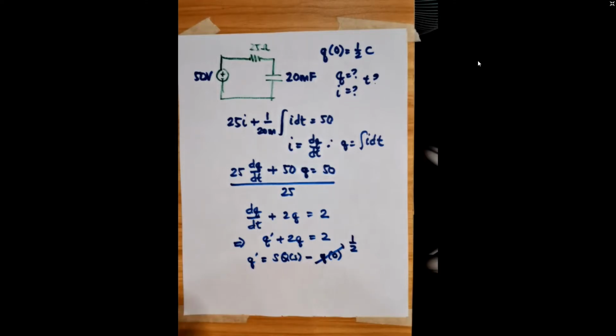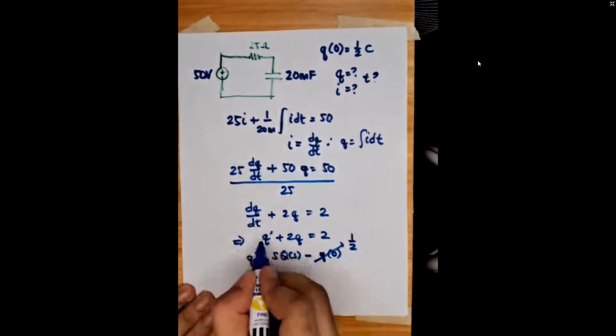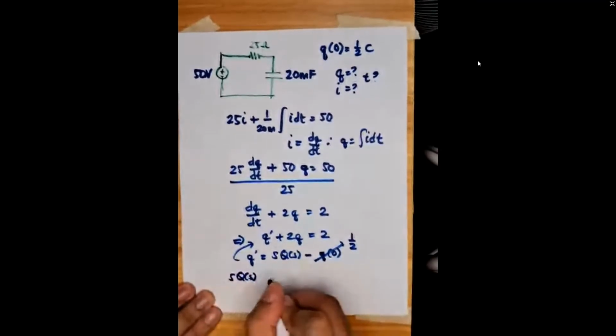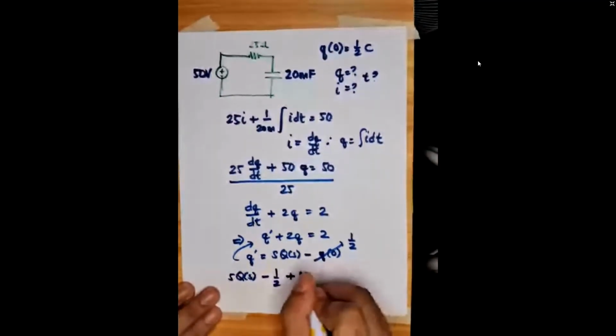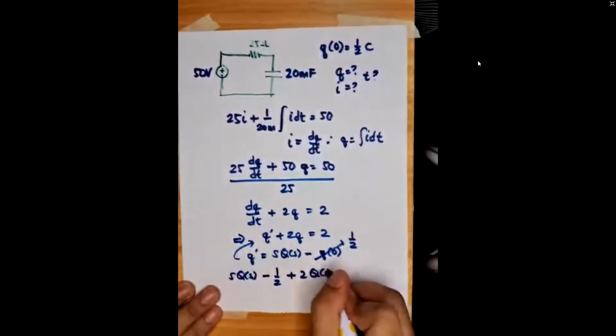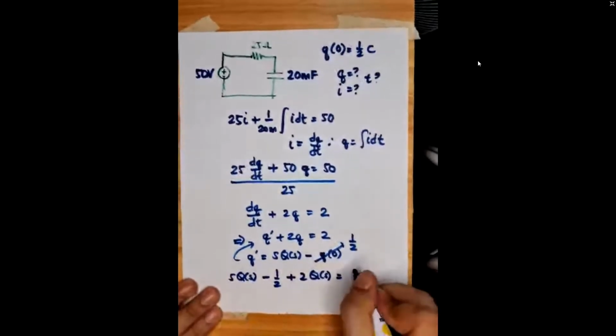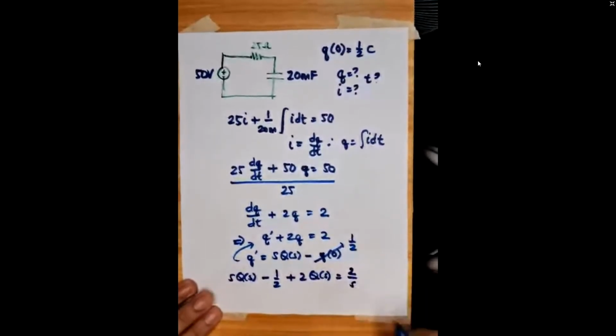Okay, tama ba? Okay, so let's substitute it to this equation. So we'll have s q of s minus 1/2 plus 2 times q of s. So that's equal to, Laplace transform ng 2. So that will be equal to 2 over s.